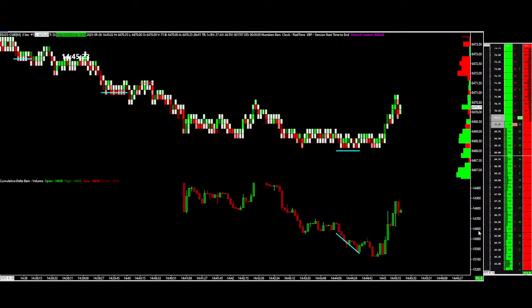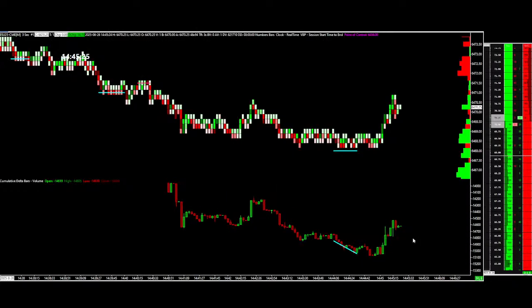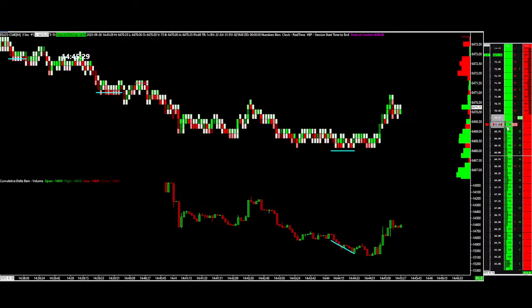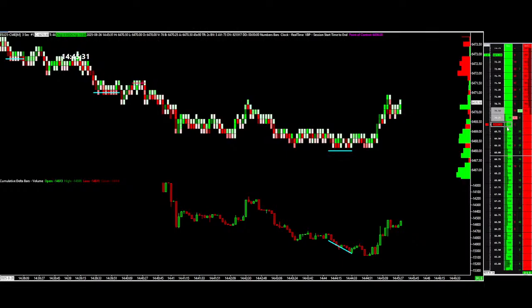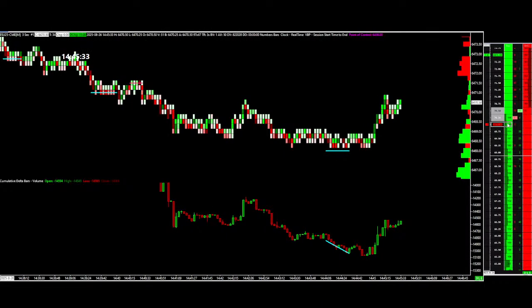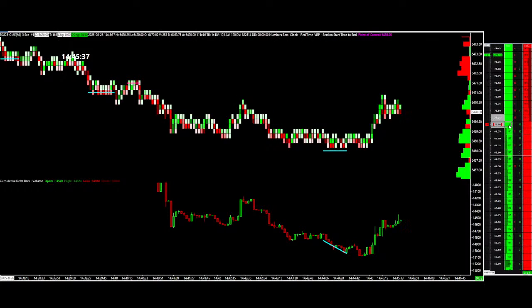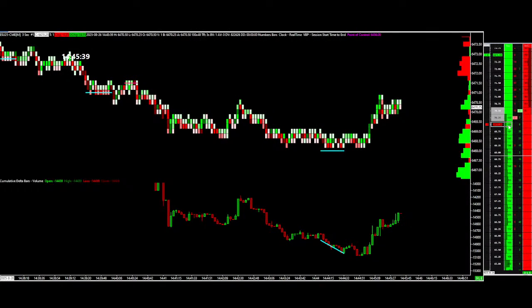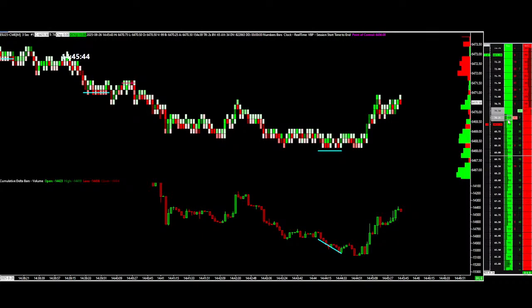Okay, you got double R. Reposition again. Short. Okay. 70 filled. There's sell side divergence. You need to cut it. Okay.